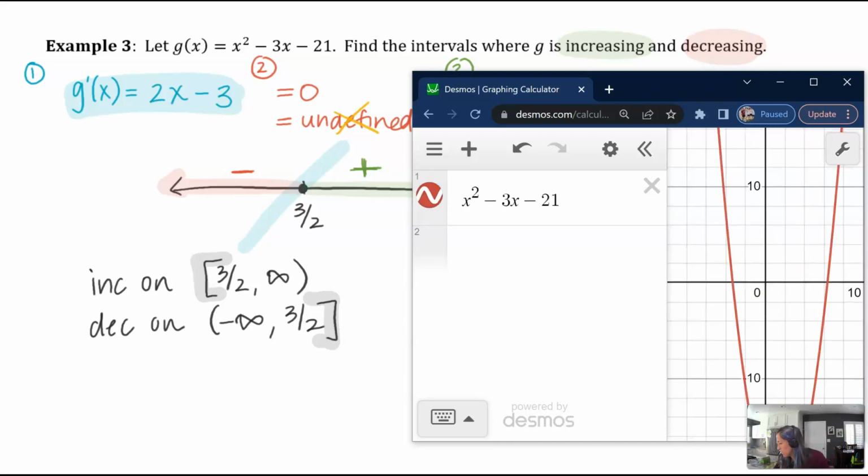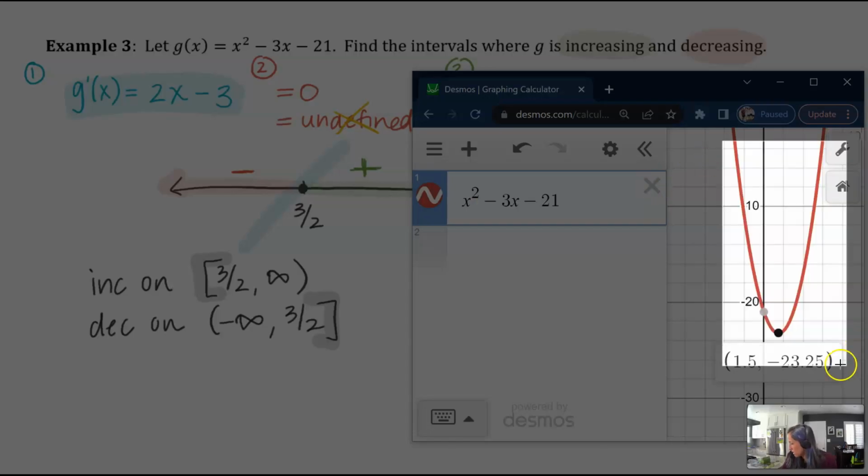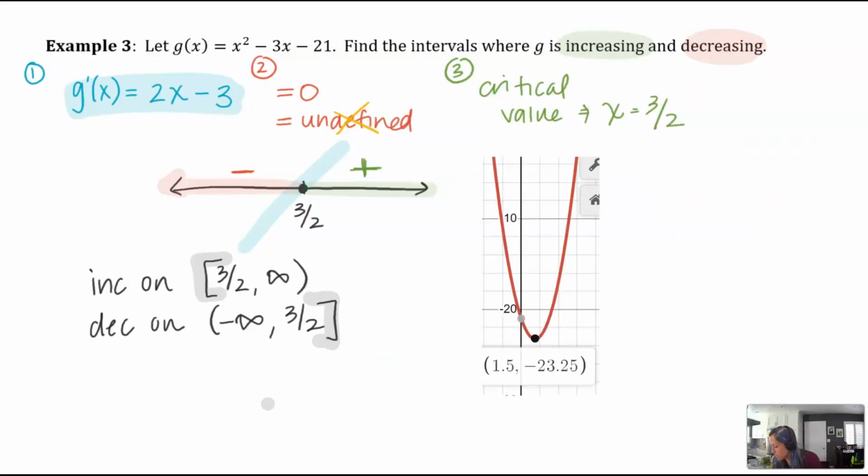And so we can see there's our vertex at 1.5 or 3/2. And as you can see, we have a decreasing side, right? We are decreasing on this parabola, boom, up until that vertex, and then we are increasing. So that's exactly what we're finding.